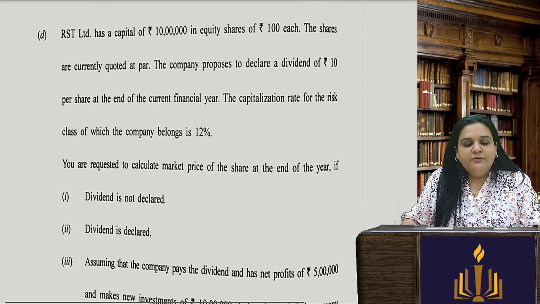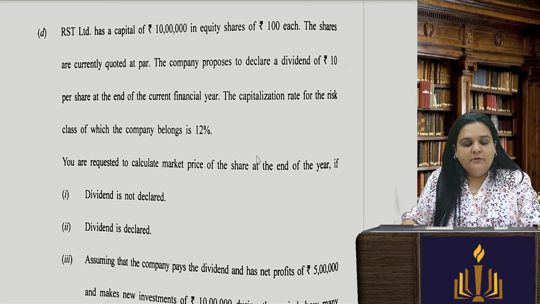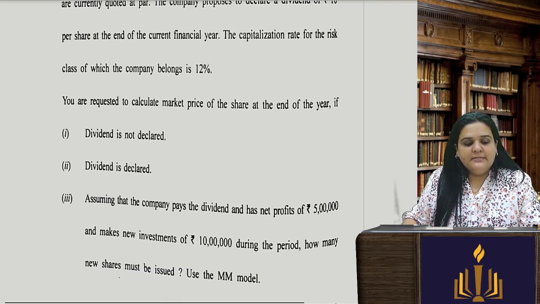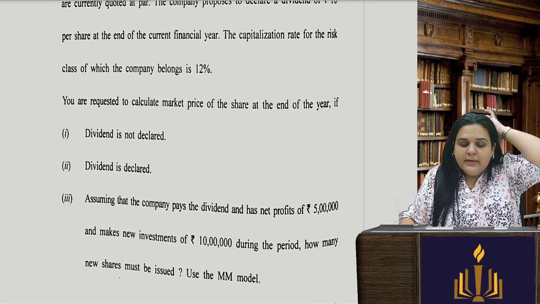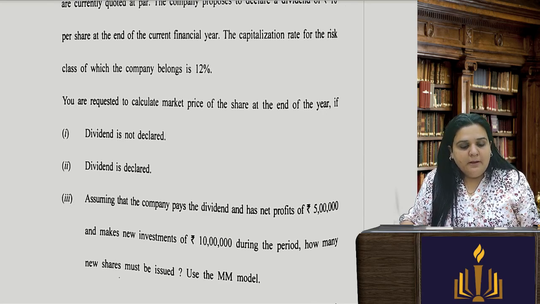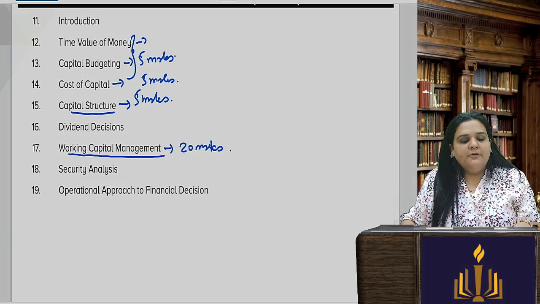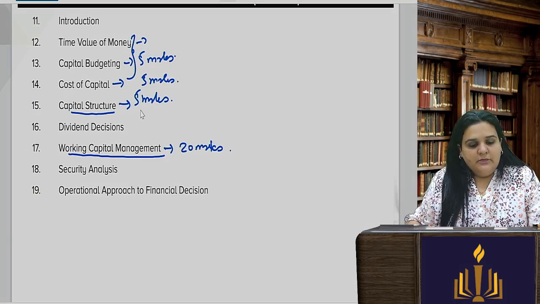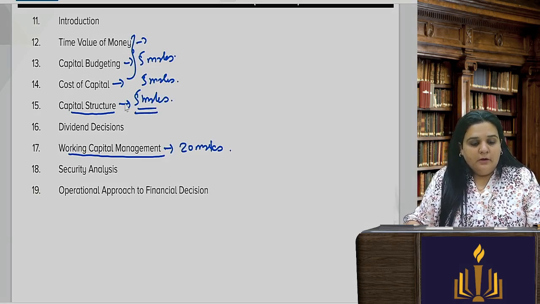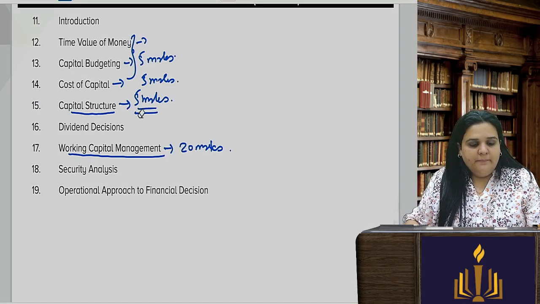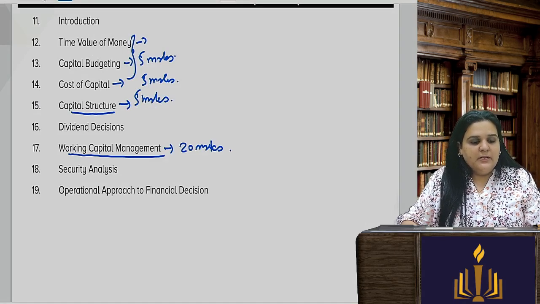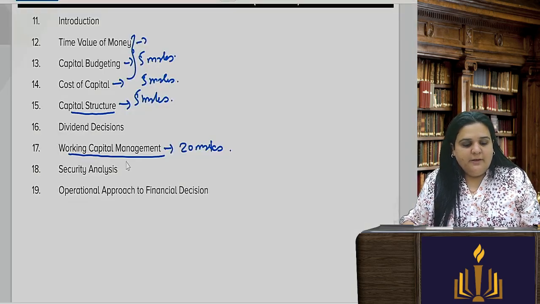They have also given you details about the dividend of the current financial year, the capitalization rate. Dividend is not declared and dividend is declared. You have to calculate the market price based on that, and also on model. Again, this is a part of your dividend policy, 5 marks.